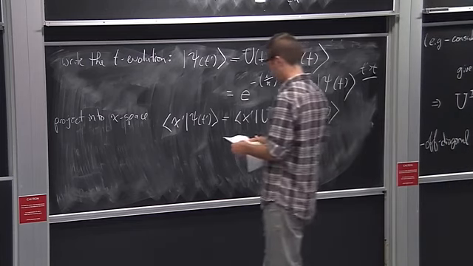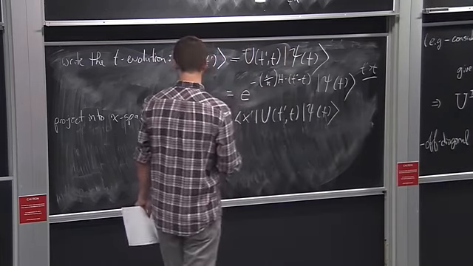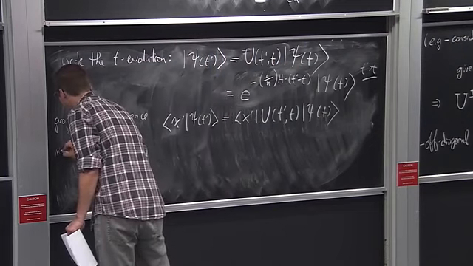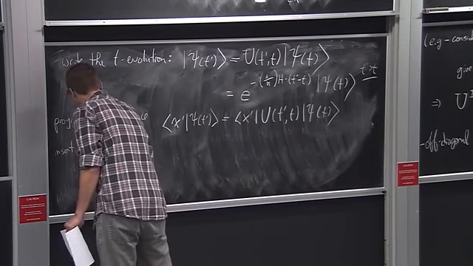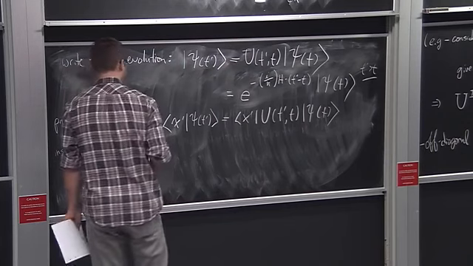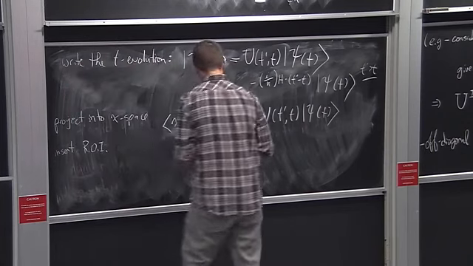Okay, so I've just written a matrix element. But now let me insert a resolution of the identity, which is somehow the only trick in quantum mechanics.